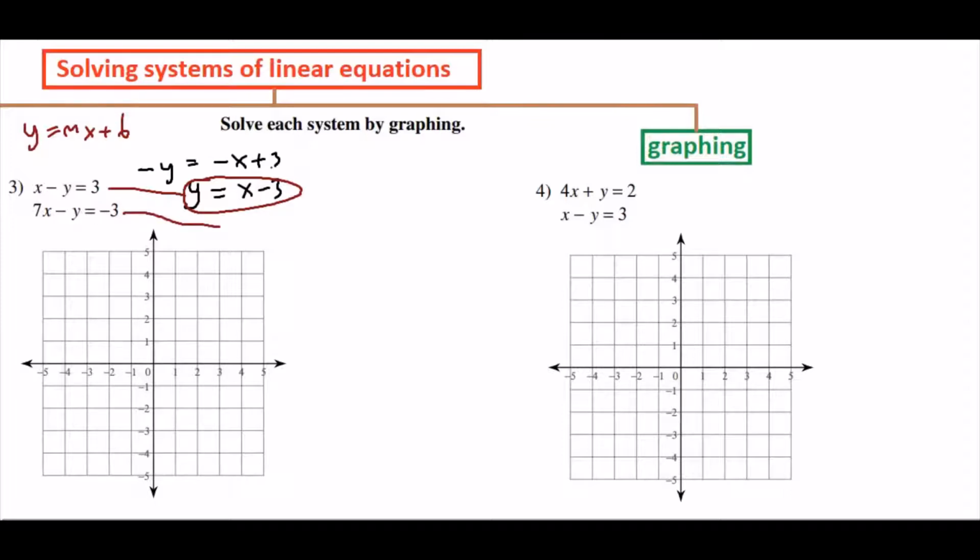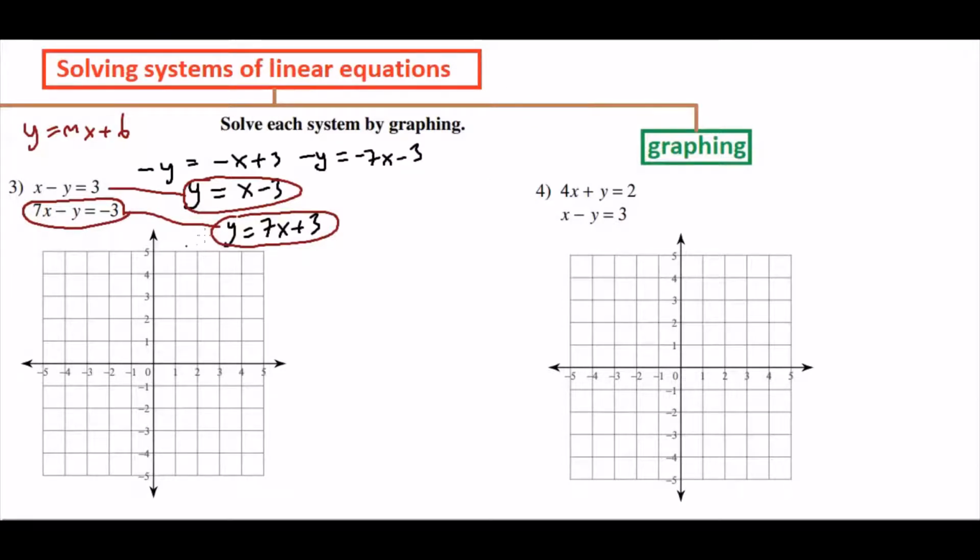And here, if we solve for y, we obtain -y equals -7x minus 3. Subtract 7x on both sides, and then multiply everything by a negative sign, so you obtain y equals 7x plus 3. So this is our second equation, which is equal to 7x minus y equals -3.